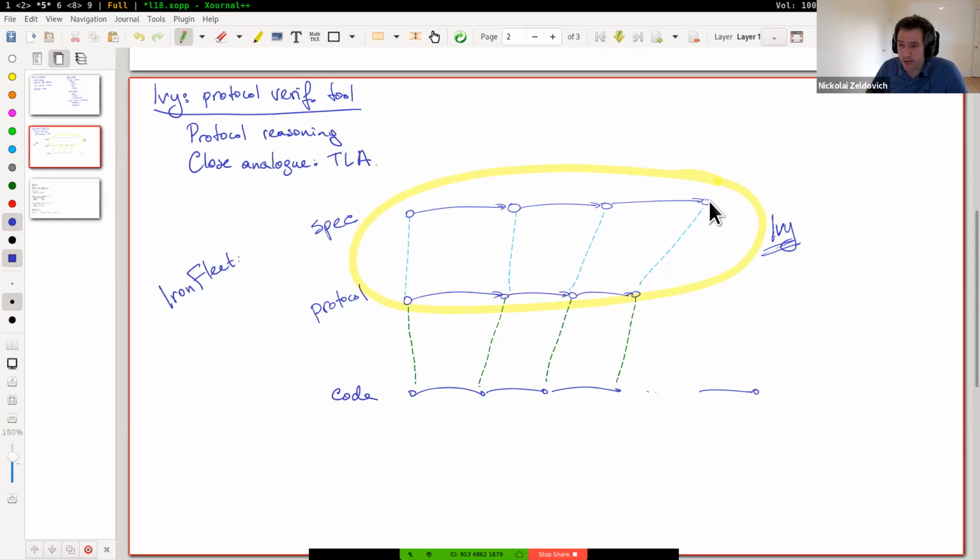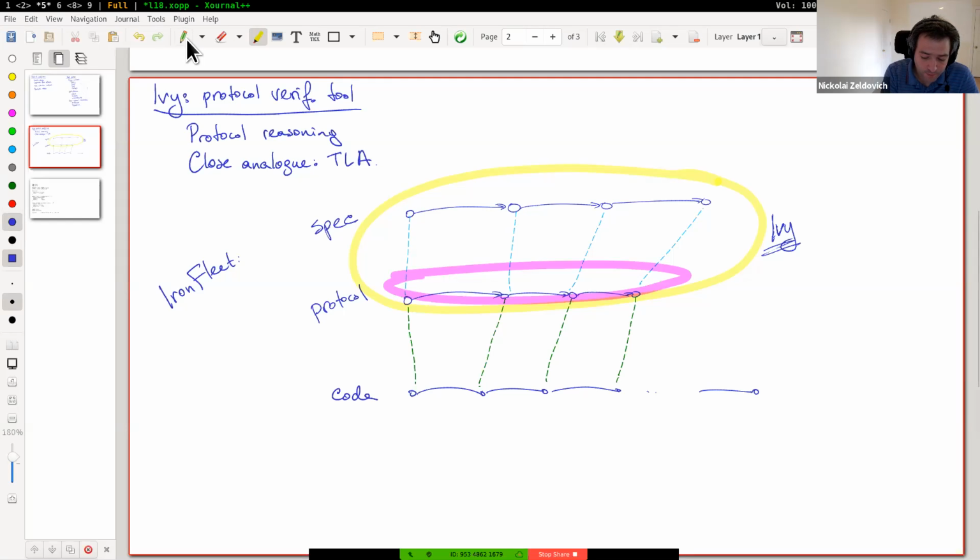And then I4 in this context is looking at a slightly narrower problem. It's trying to understand how this protocol is running along at the bottom here and what might be true. So this is where I4 sits. It's reasoning about protocol level transitions and trying to prove something about them.